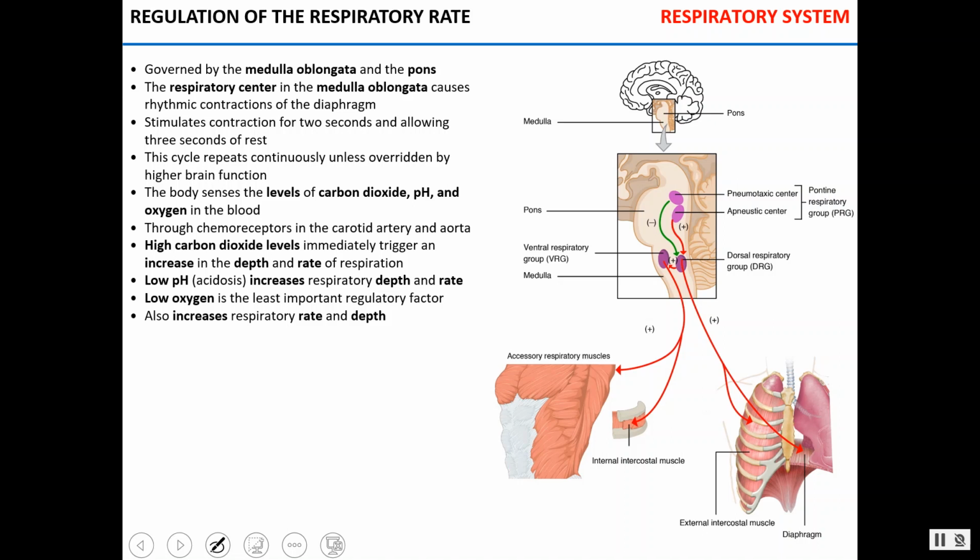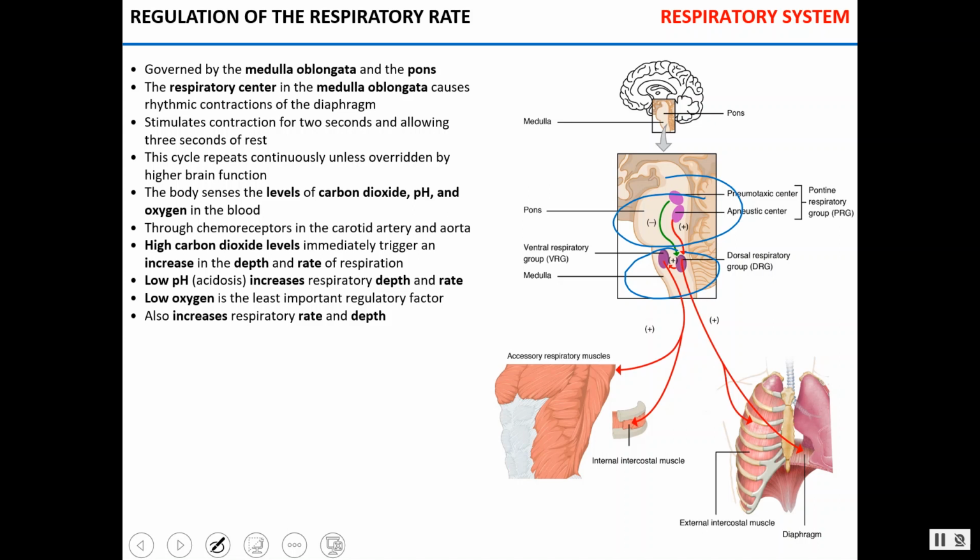Respiratory rate is governed by medulla oblongata and pons. Respiratory center in the medulla, that consists of ventral and dorsal respiratory groups, controls normal rhythmic contractions of the diaphragm.